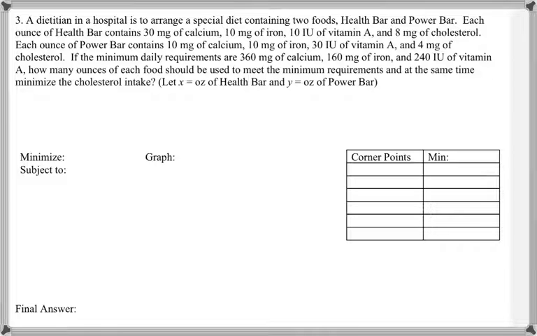So we have a lot of different types of information here. We have calcium, iron, vitamin A, and cholesterol. So let's organize this in a table.